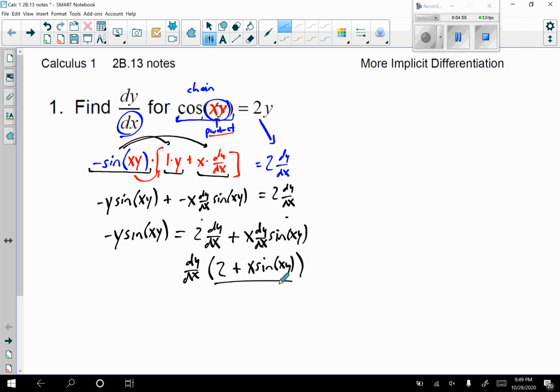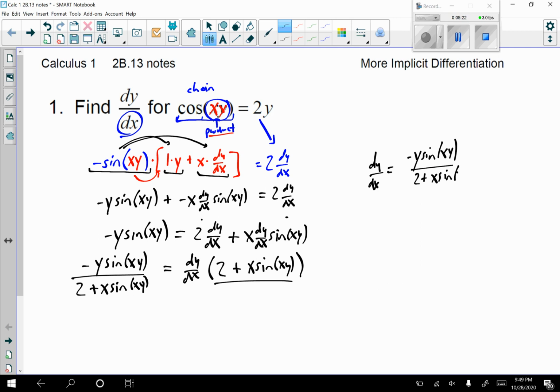And divide that off. Or this equals negative y sine xy divided by 2 plus x sine xy. There is our answer. dy/dx is negative y sine xy over 2 plus x sine xy.